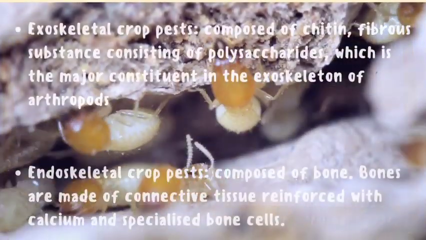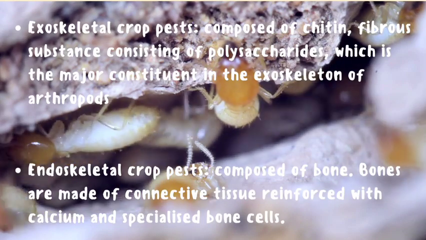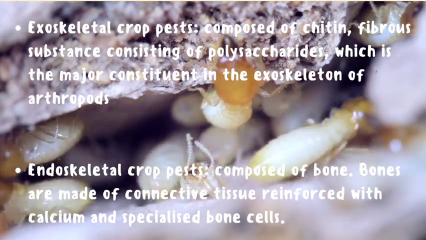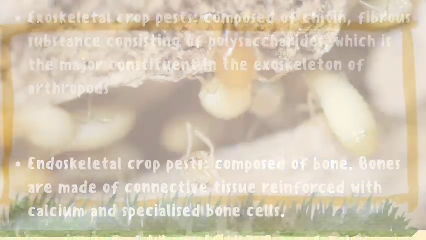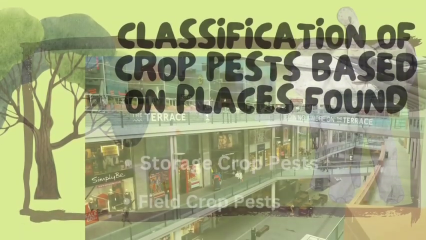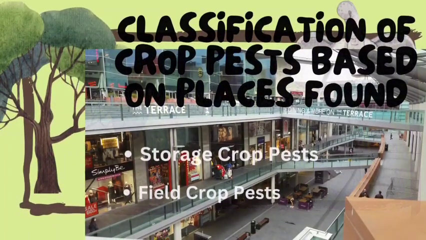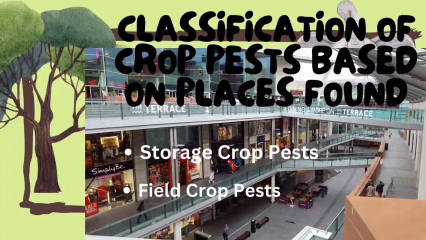The exoskeleton is made up of chitin, a constituent of the exoskeleton of most arthropods. Insect is an example of arthropod. Then we also have the endoskeleton, which is made up of bones.